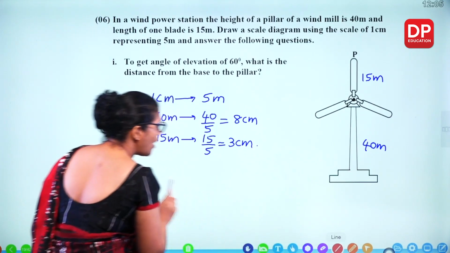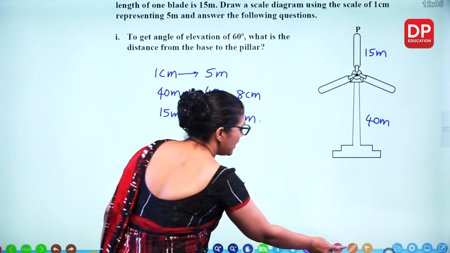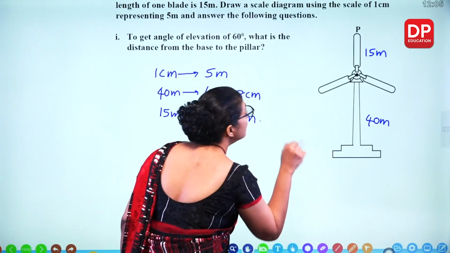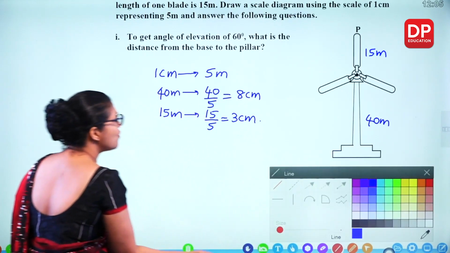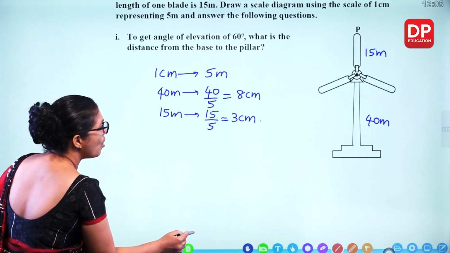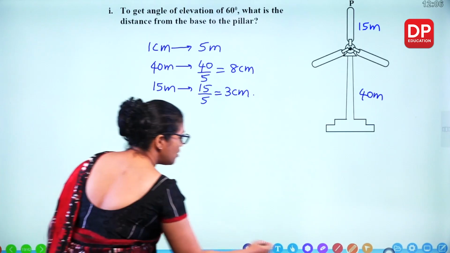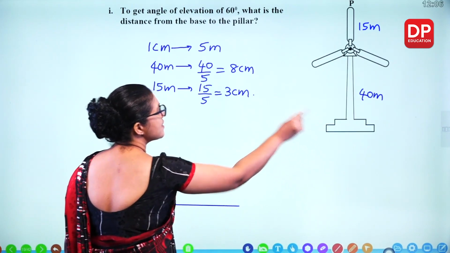Now we'll try to draw this. So we'll take 8 centimeters for the height. So first take the ruler and you can draw first a horizontal line. So that's this one.